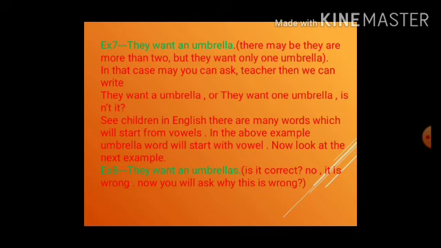If there is only one umbrella, or among the group of umbrellas, if you want only one, then only you can ask give me an umbrella, as we have discussed about give me an apple. If you say give me an umbrellas, then your sentence will become wrong.